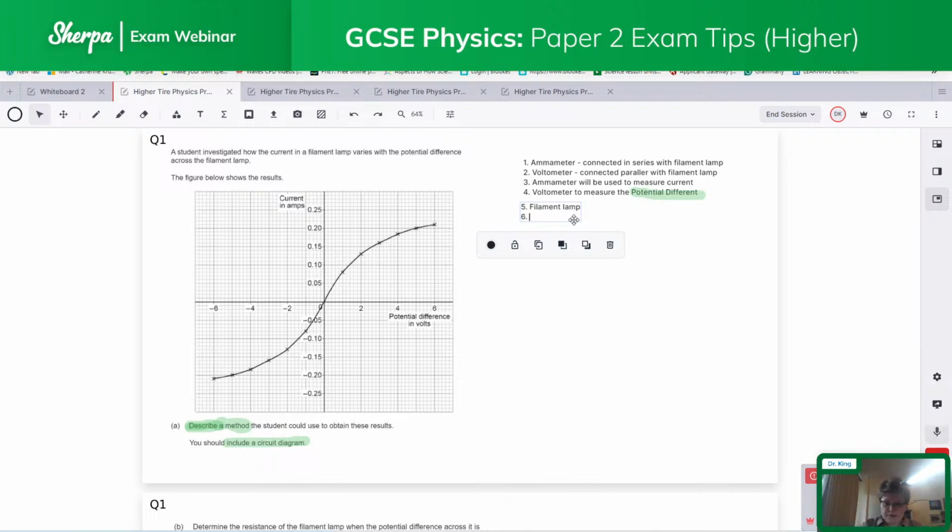In this case, we will use a variable resistor, which will be used to vary the current and the potential difference. PD is the short name for potential difference.